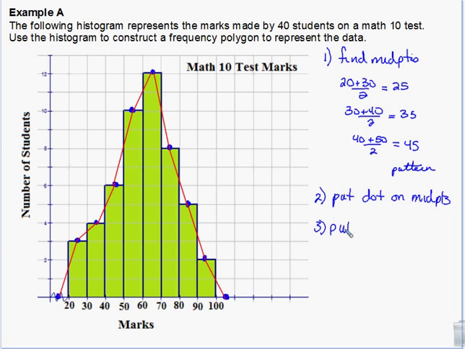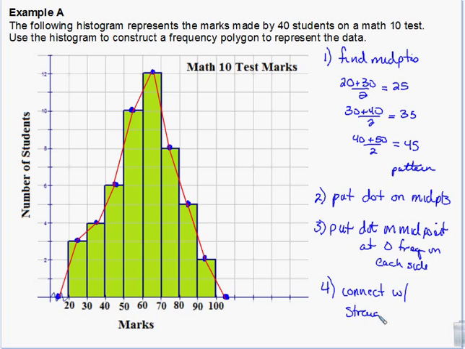We put the dots on the midpoint at 0 frequency on each side at the bottoms, and then connect with straight lines. Okay, so be really careful. Don't try to curve. It's straight lines.